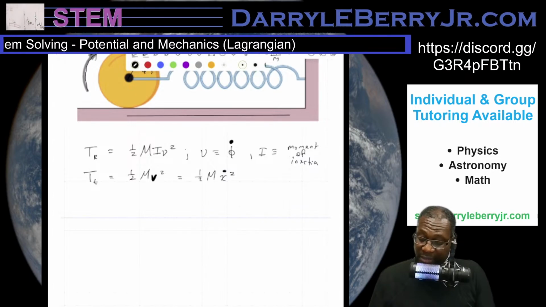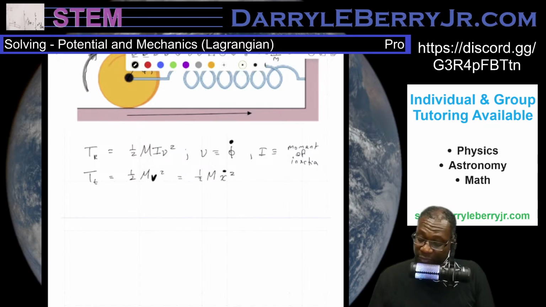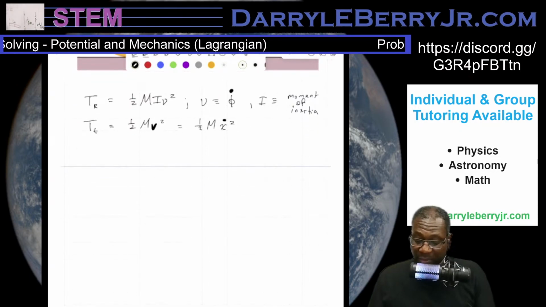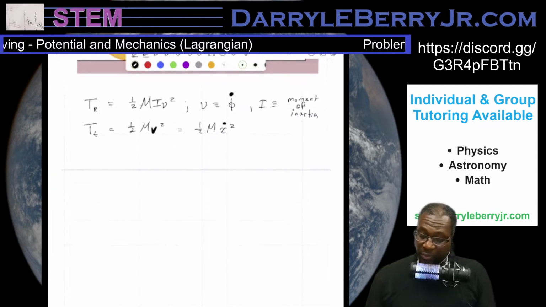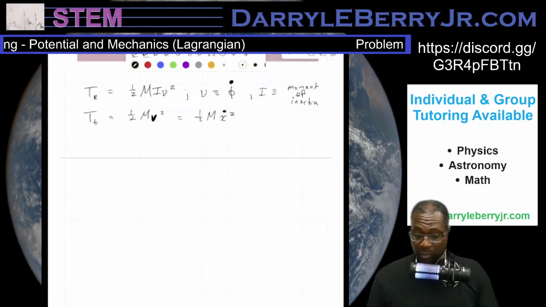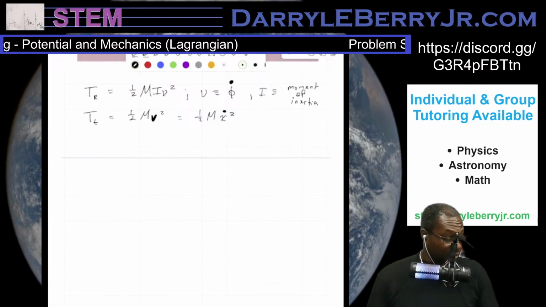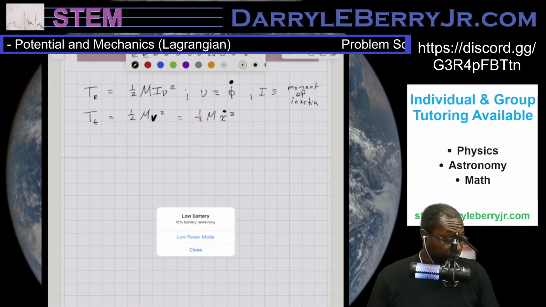So we'll call this x. The center of mass is moving back and forth along this trajectory. Right. So basically the translational is the movement of the center of mass. The rotational is the movement of the actual rolling of the object. We have these two. And I think I'm good.